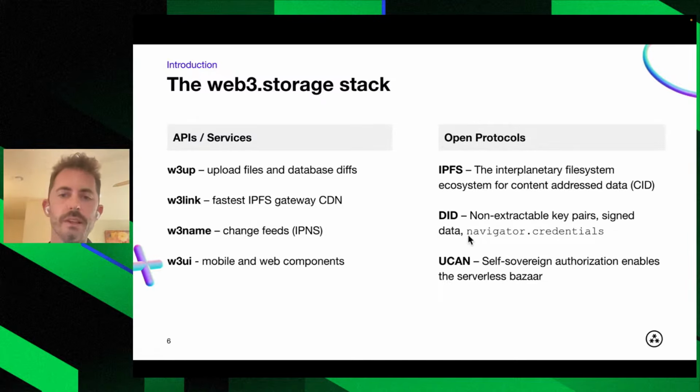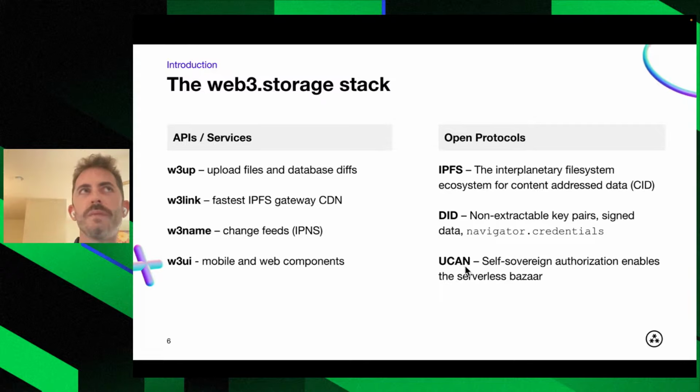So in this UCAN world, we leverage the credentials that are part of the DID and the WebAuthn spec and use those to sign documents that are essentially the RPC layer of the serverless bazaar. So I'll unpack that a little bit.